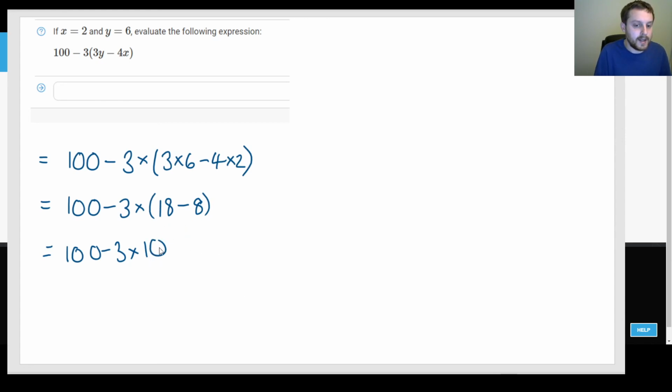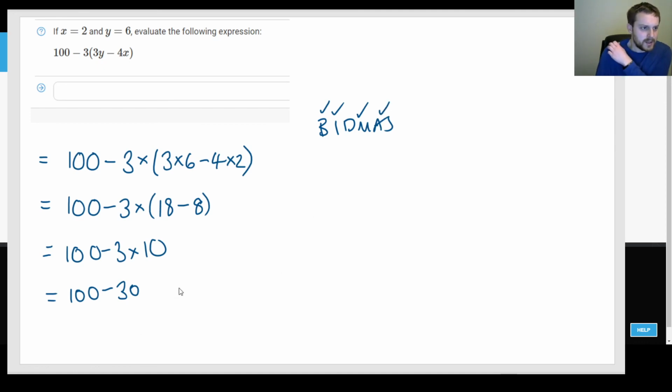So then I've got to do 100 take away 3 times 10, which is 30. Because if I'm doing BIDMAS, I've done the brackets, there actually aren't any indices. I've now got to do the multiplication and division, which is here, and then right at the end there's the addition and subtraction. Of course, it's just a subtraction that's left for us. So it's 100 take away 30, which is 70.